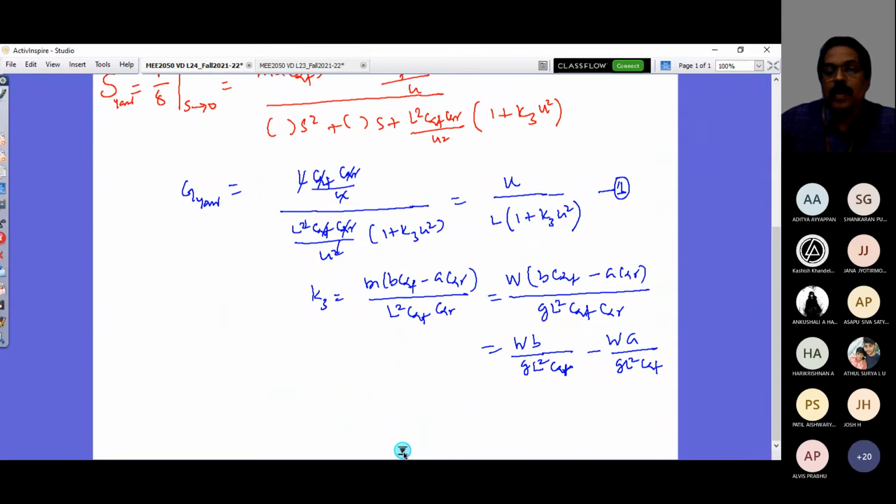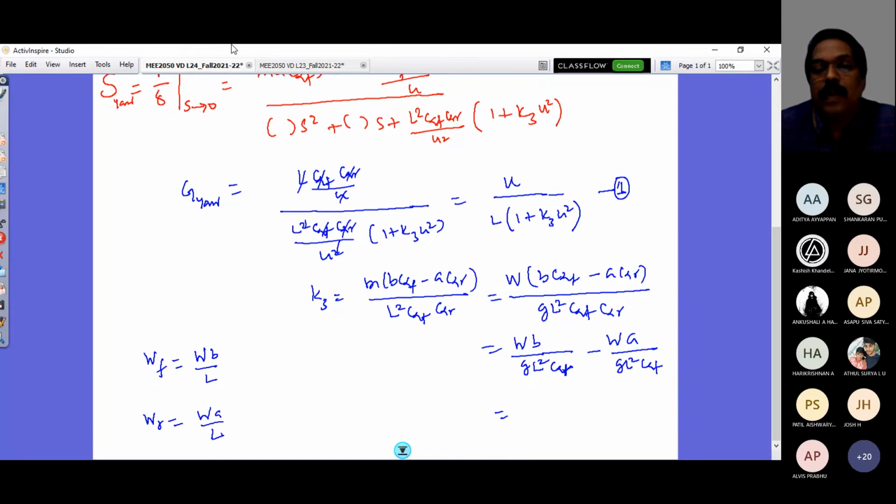So now you may look at an interesting thing. I will take this L squared as L into L. So W B by L is nothing but, we know that W F, the load on the front axle, is W B by L. Load on the rear axle is W A by L.